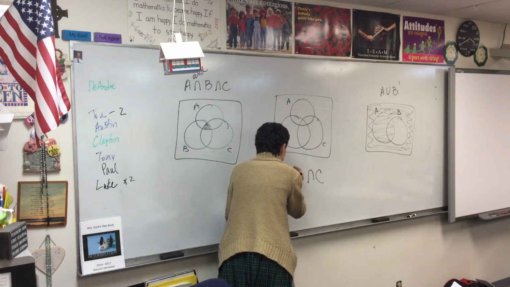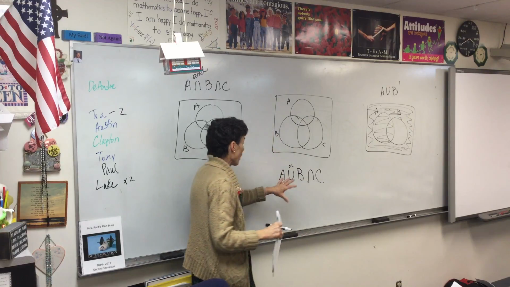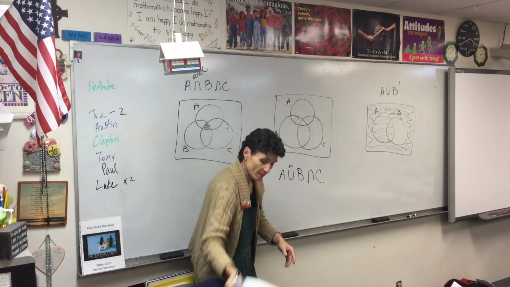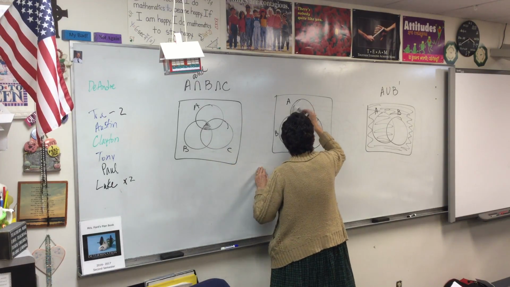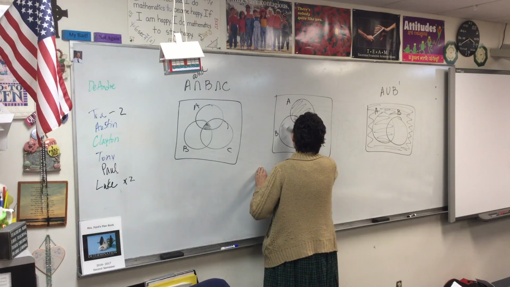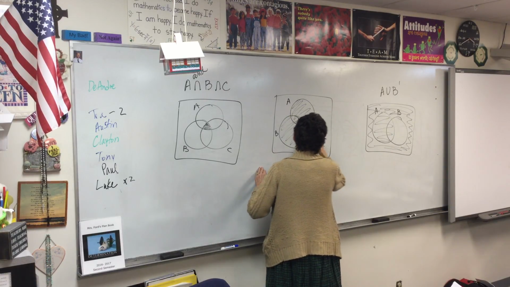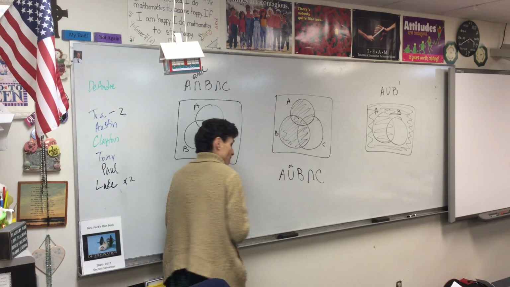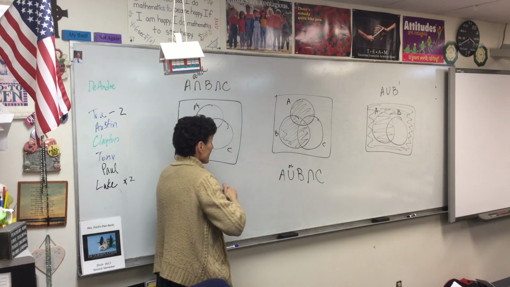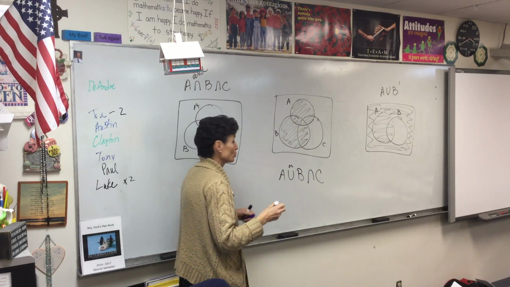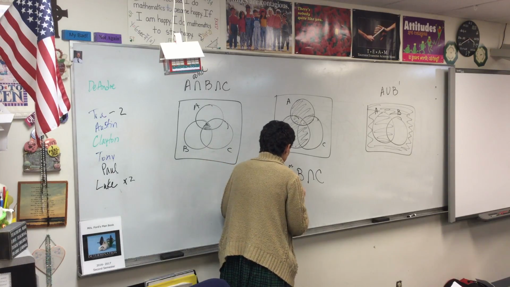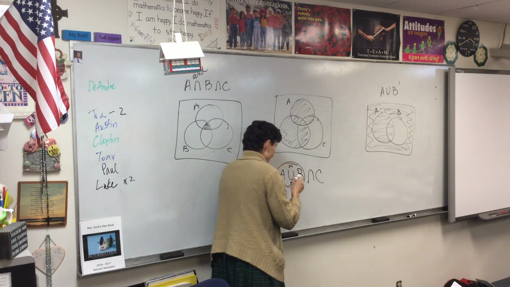This says A or B. So I would color, maybe I'll use my different colors, everything that is in the A ball and the B ball. Would you agree that that's everything in the A ball and the B ball? That's the whole shebang. That's this right here. I just graphed that.